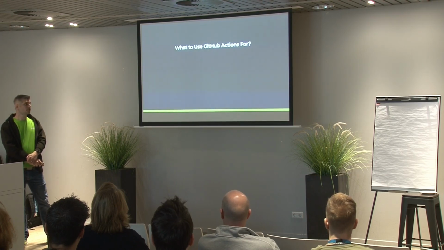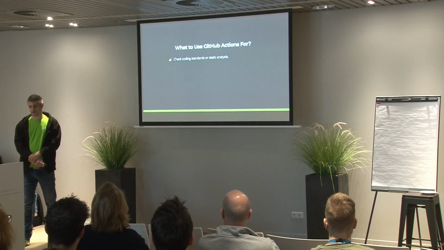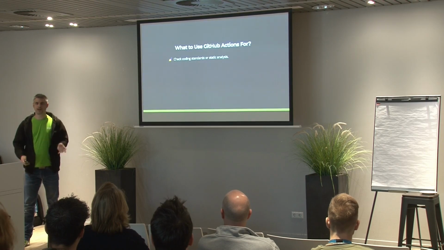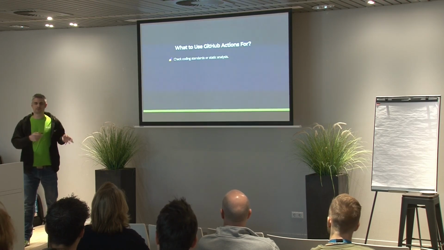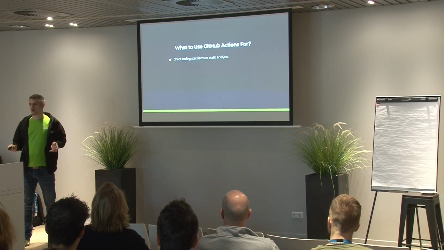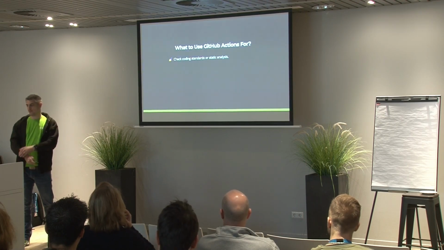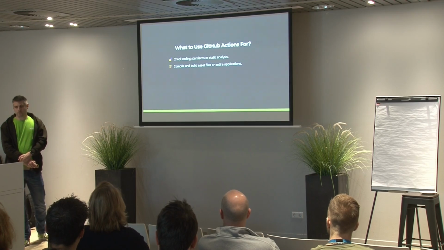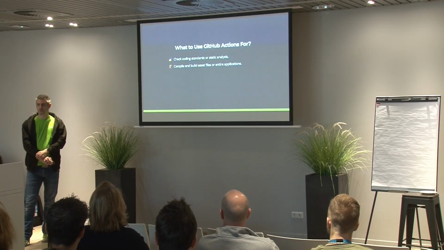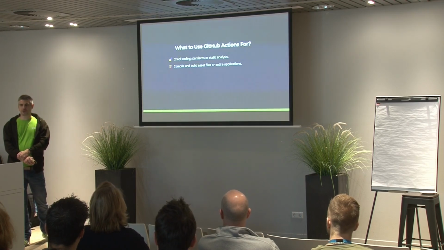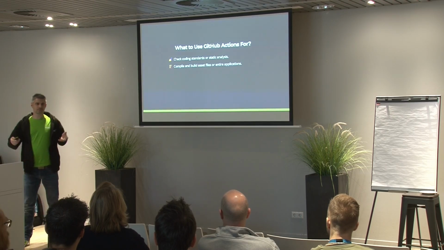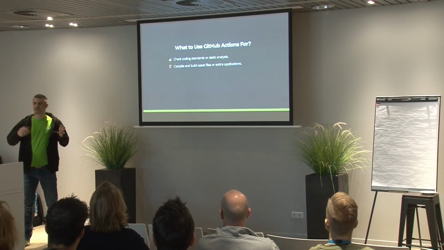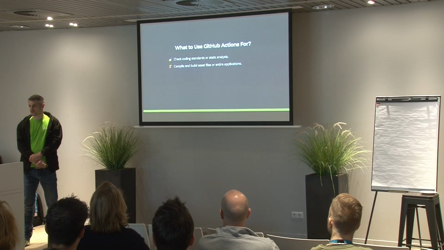What can you use GitHub Actions for? Well, a lot of things. You can check any kind of statistics on your code. Does it comply to specific best practices? Does it comply to my formatting and opinionated rules? Depending on your technology, you can compile or build assets or even your application, if you have source code and you have a target artifact that you're building.